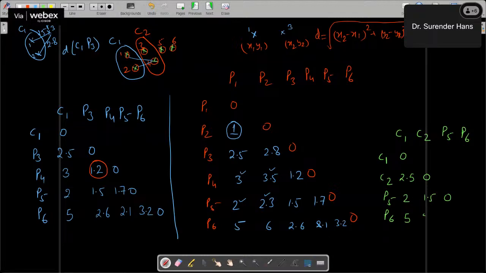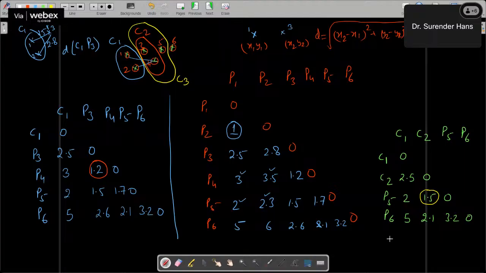So that is 2.1. Now P5 to P6, we already calculated 3.2, and P6 to P6 is 0. Now check which is the minimum distance. The minimum distance is 1.5, that is C2 and P5. So this will be your next cluster, C3.